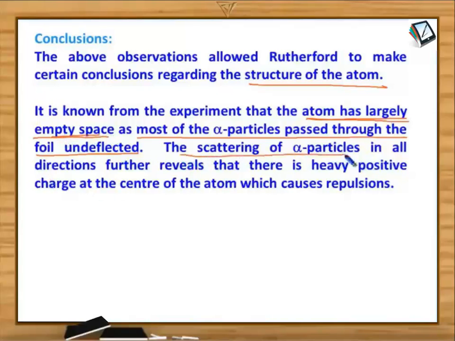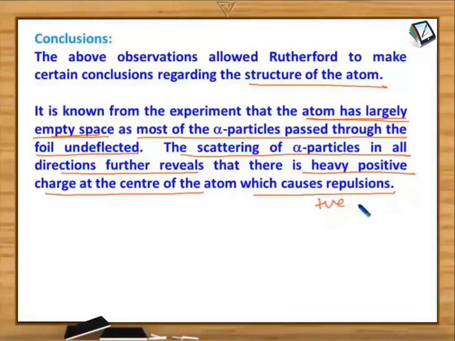And the scattering of alpha particles in all directions further reveals that there is a heavy positive charge at the center of the atom which causes repulsion. Why? Because we know that alpha particles are positively charged particles, and only if there is a positive charge at the center of the atom does it result in the repulsion of the alpha particles.